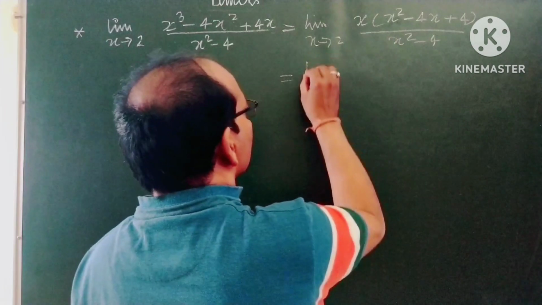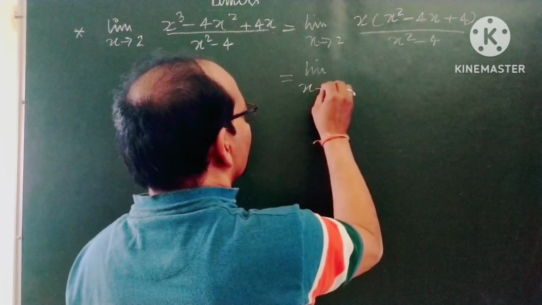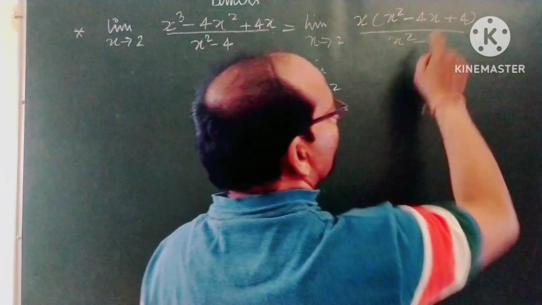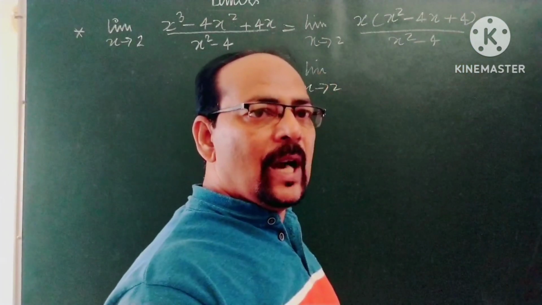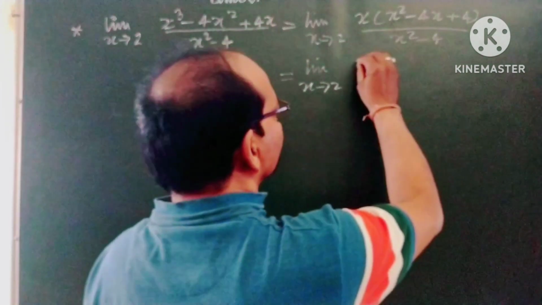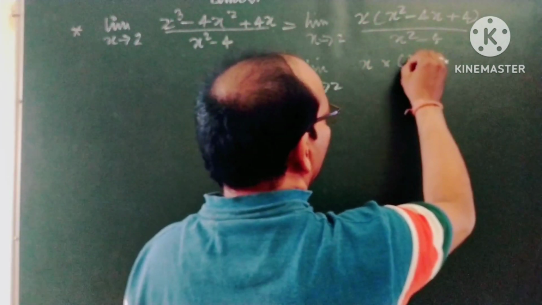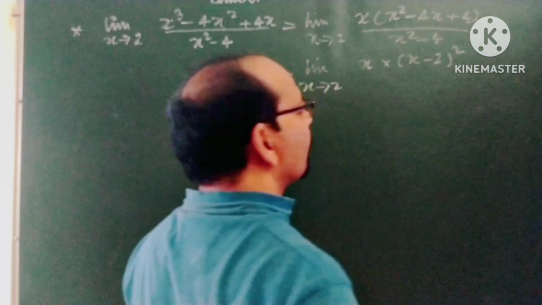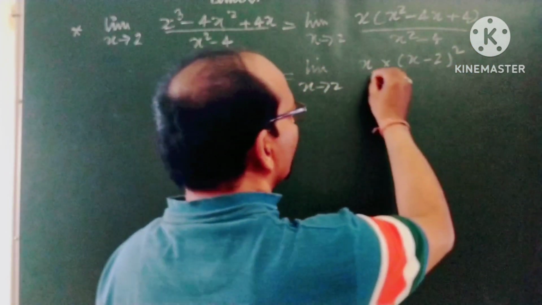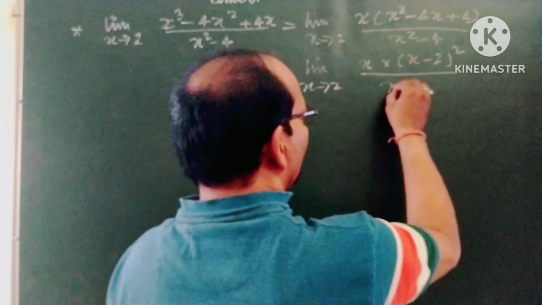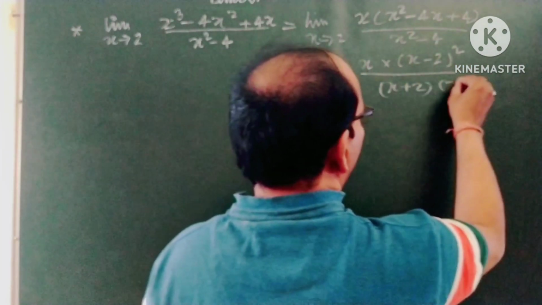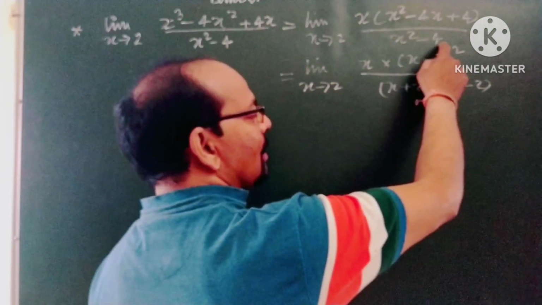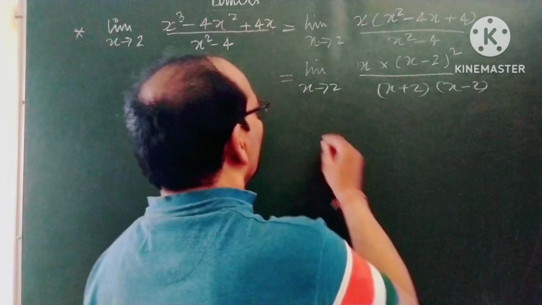After that, limit x tends to 2: x square minus 4x plus 4 is in the form of (a minus b) whole square, so it will be x into (x minus 2) whole square, and the denominator x square minus 4 is in the form of a square minus b square, where b is 2, so there will be (x plus 2)(x minus 2).